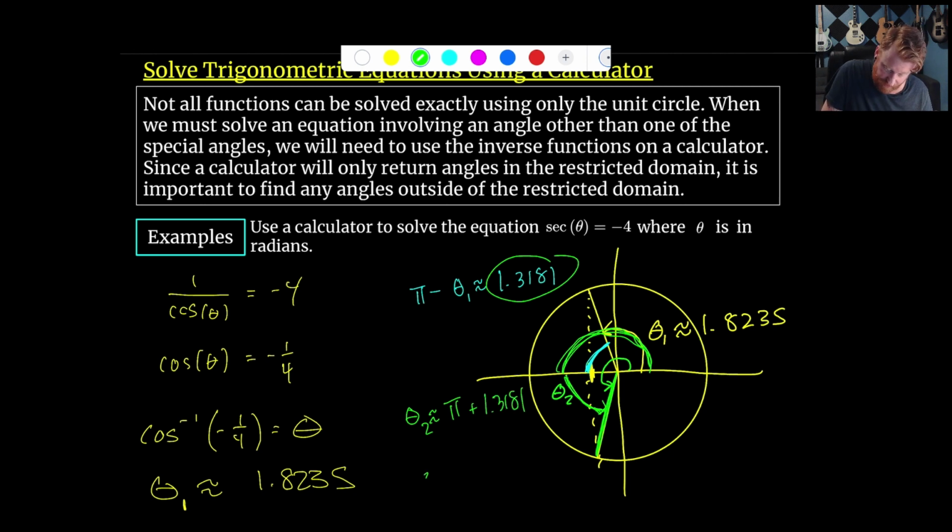So here we're getting that theta 2 is approximately, adding those together, 4.4597.